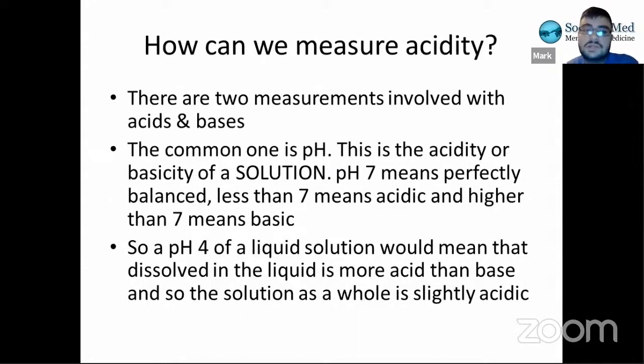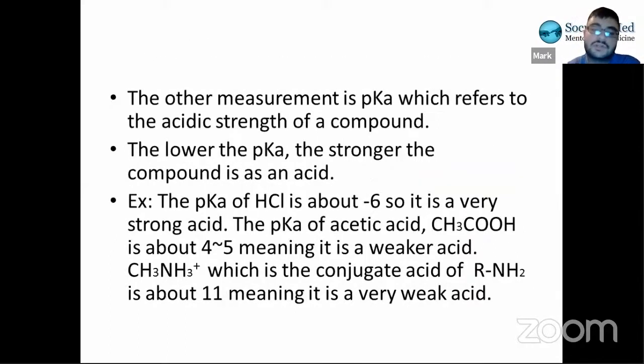So what pH 4 means is that there's a lot more H+ than there is OH minus, because this uses the Arrhenius definition. So pH and pOH always together make 14. So if you have a pH of 4, it means you have a lot more H than you have OH, essentially.